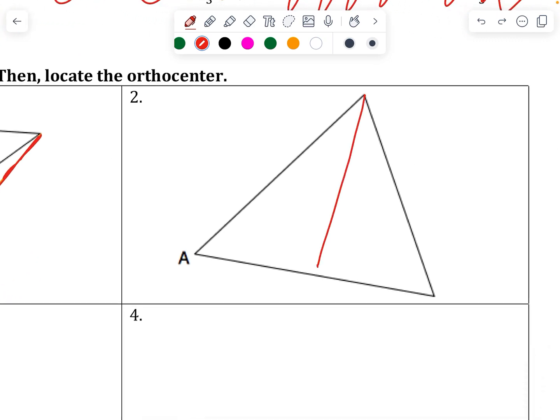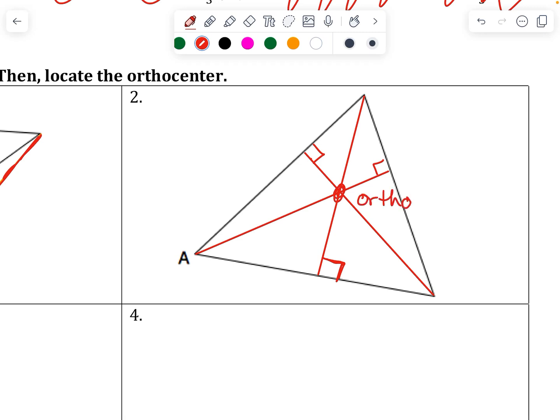Sometimes you have nice triangles where you've got 90-degree angles that are relatively easy to find. And then if I find my 90-degree angles, I can figure out where approximately those three altitudes meet for my orthocenter.